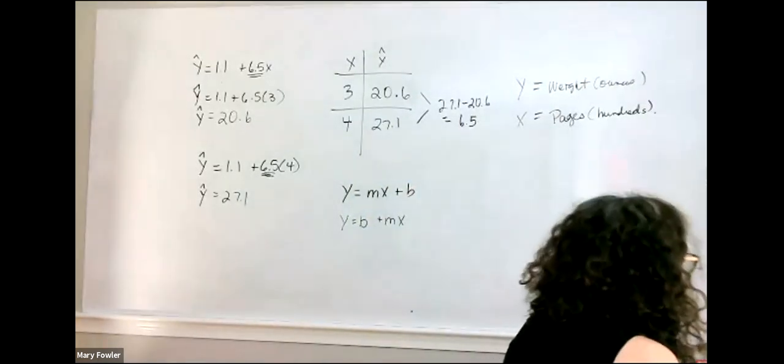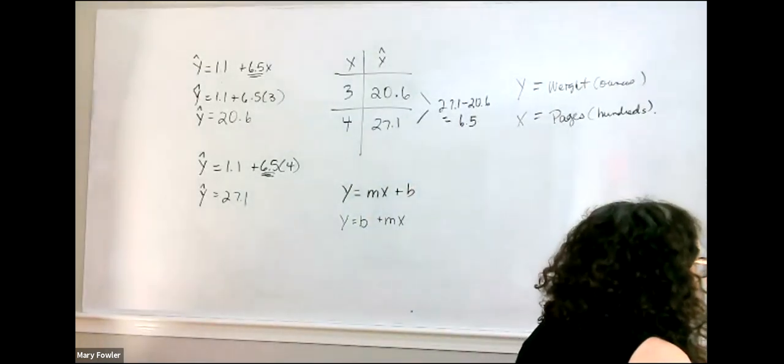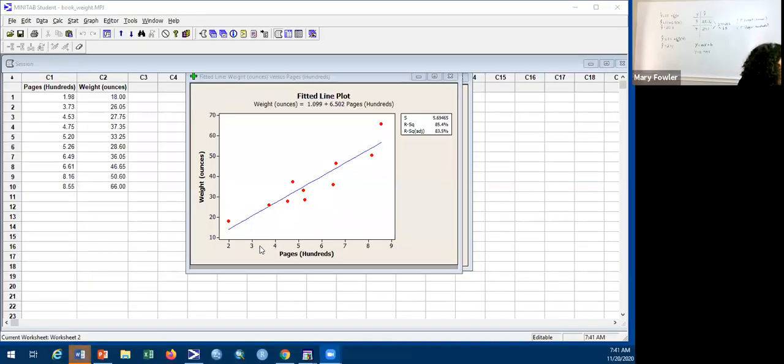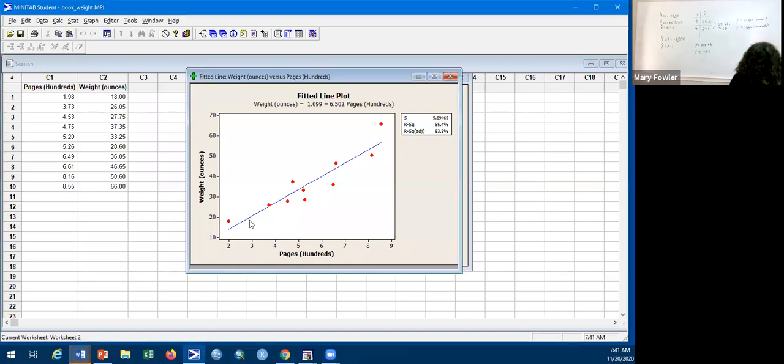Okay, I guess that's what I wanted to show you in this introductory video. I'm going to go back to share the screen one more time, since we did start talking about slope. So if we look at the line here, we found an estimate. We found that if there are 300 pages, the model predicts that the weight of the book would be 20.6 ounces.